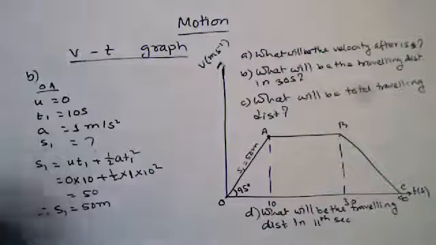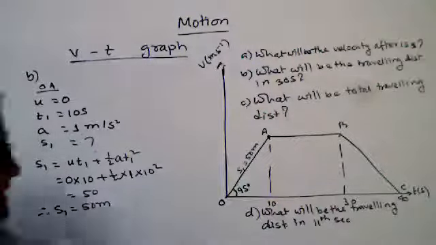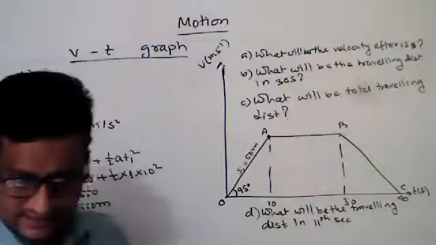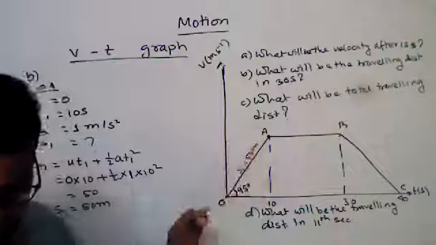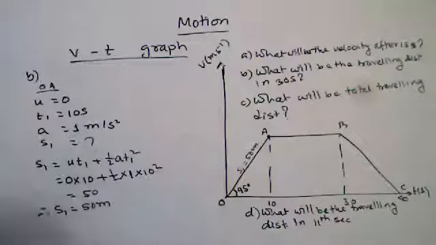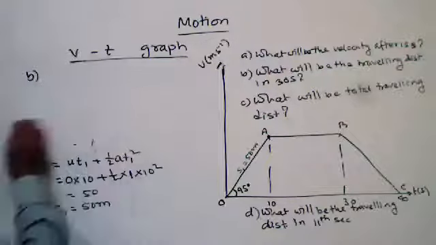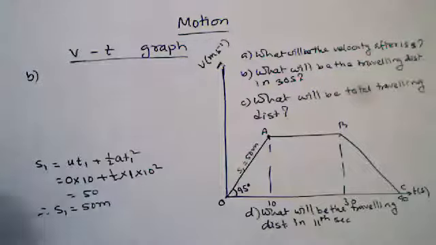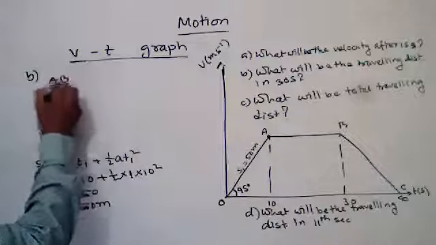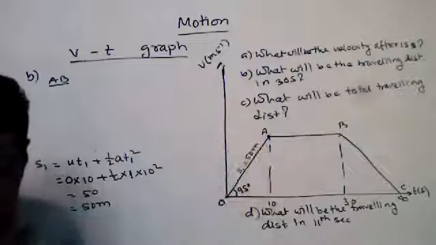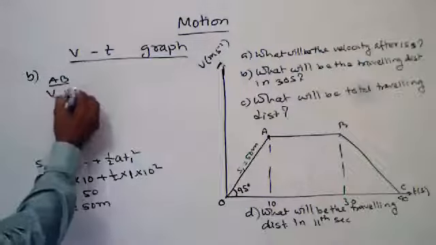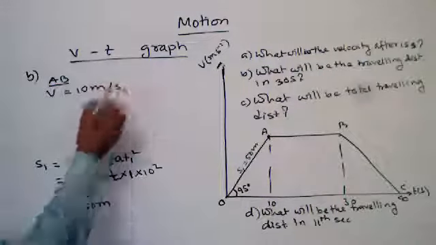Now, what will be the traveling distance in the next 20 seconds? In the first 10 seconds, it moves on uniform acceleration, so the traveling distance is 50 meter. And for the next 20 seconds, what will be the traveling distance for AB? We have already learned the velocity at point B is 10 meter per second.